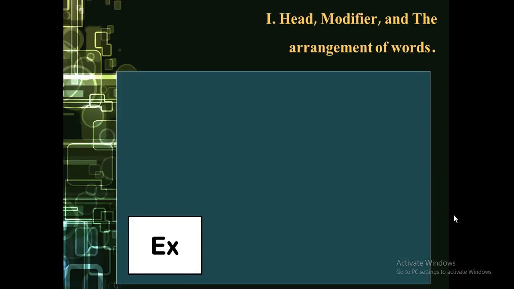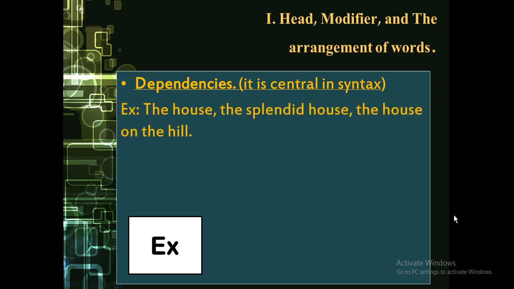Okay, the first is head and modifier and the arrangement of words. Head, modifier, and the arrangement of words are bound together in the concept of dependencies. It means they are bound together to build one meaning. For example, the house and the splendid house.